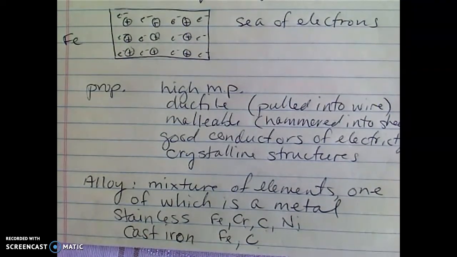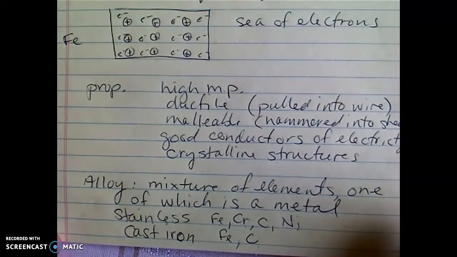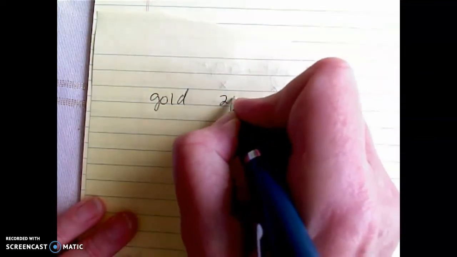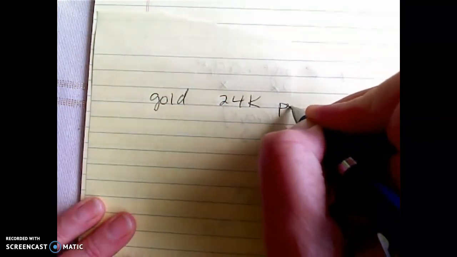Sterling silver is another one. You mix silver with copper, and we use sterling silver for jewelry. You have gold. You've got your different golds. So here, let me flip this page over really quick. If we are talking about gold, if you have 24 karat gold, that's pure.